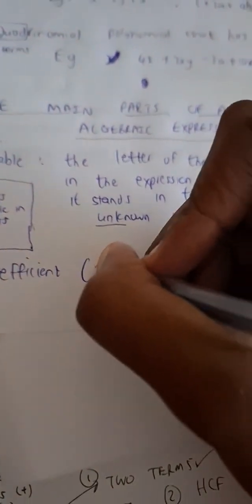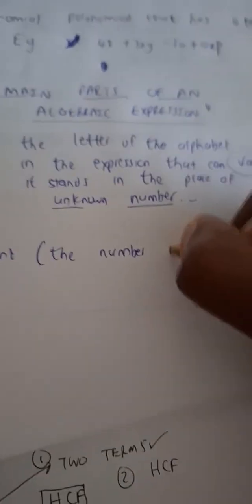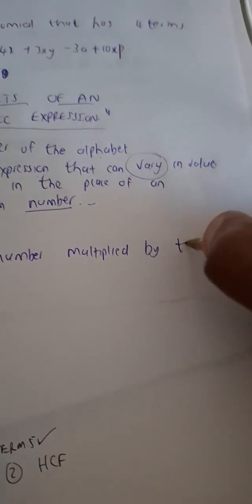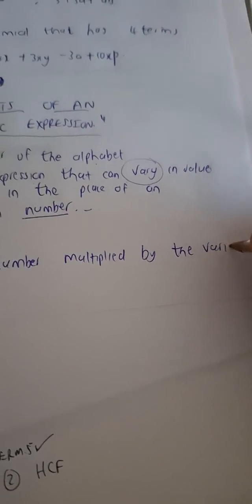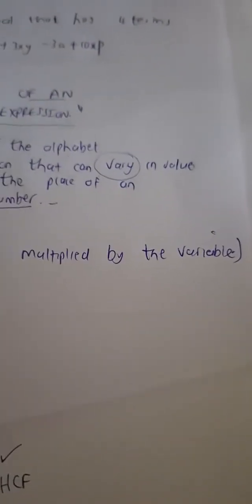So the coefficient is the number, ne? The number multiplied by the variable.